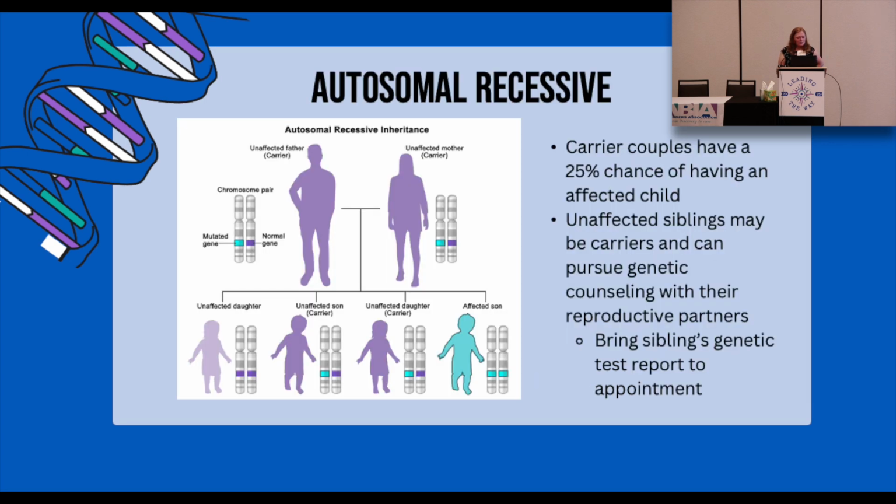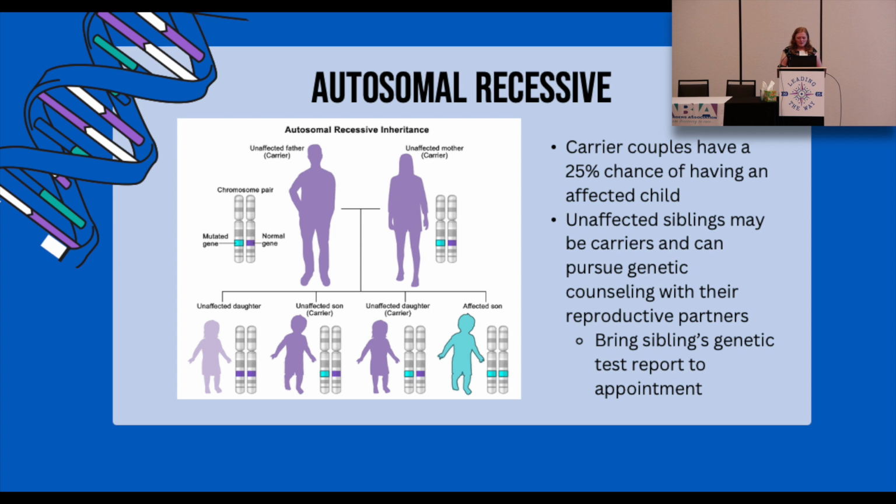We kind of talked about this already, but when it comes to autosomal recessive conditions, there's a 25% chance of having an affected child each pregnancy. That doesn't change each pregnancy, but there are some options that you can do either prenatally or postnatally for different family planning avenues.